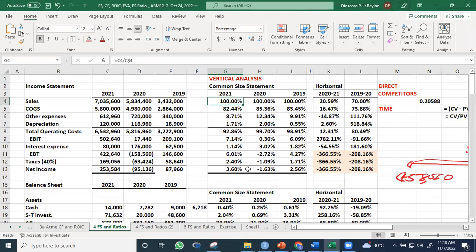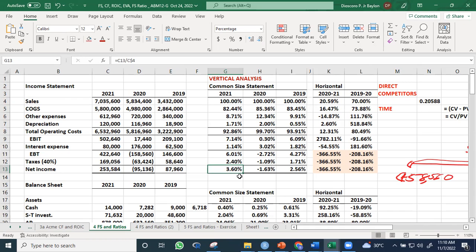For example, this one is our profit margin, 3.6%. It means that for every 100 pesos of sales, we're getting 3 pesos and 60 centavos as a bottom line, as our profit. Okay.